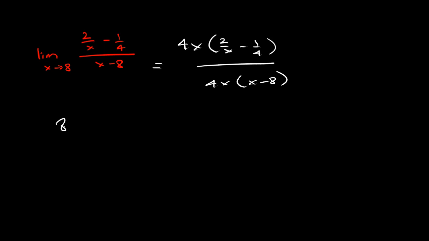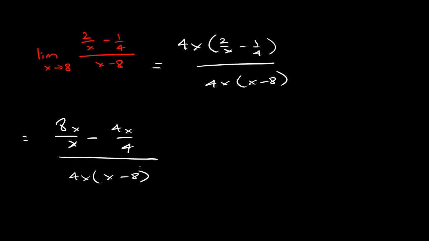We get 8x over x minus 4x over 4 in the numerator over, this remains the same, 4x times x minus 8. This just simplifies to 8 minus x over 4x times x minus 8.